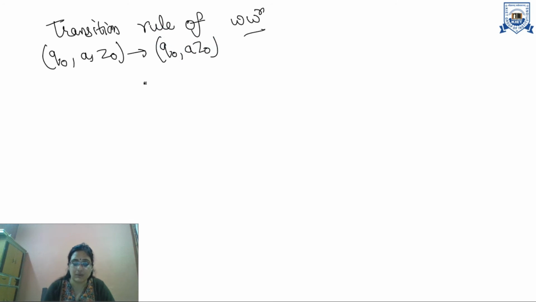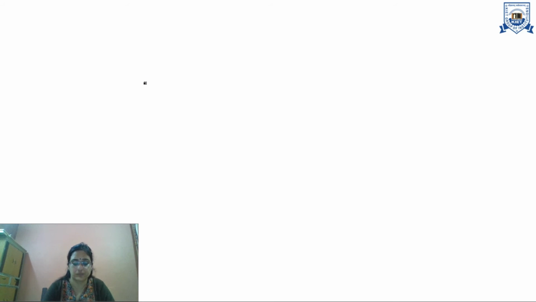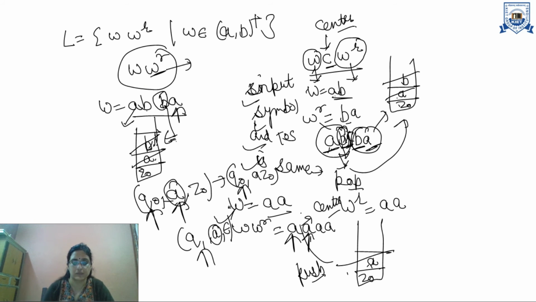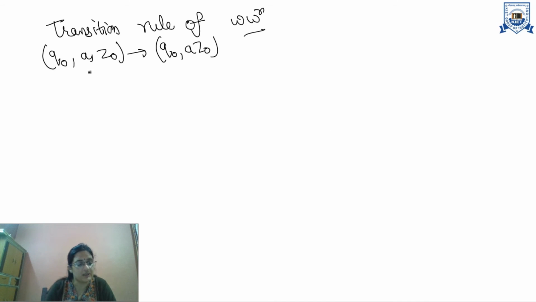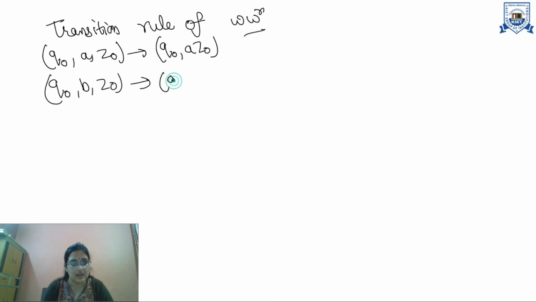It may be possible that it is not always necessary that my string starts with the A input symbol. It may be possible that my string starts with the B input symbol. So if the B input symbol is there and top of the stack is Z0, I am just pushing this symbol onto the stack.